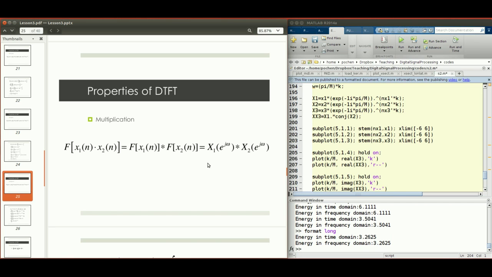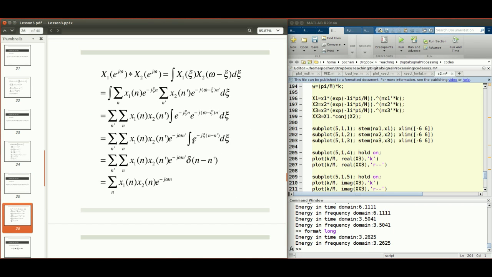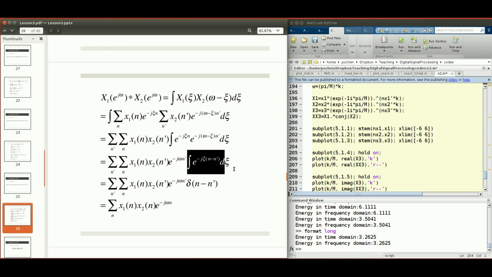So this is a quite rough sketch of how you can make a proof of this particular equation. In practice, one thing you have to sort out is this particular integral. What does it equal to? You can think about it: if you expand this thing using Euler's formula into cosine subtract j sine, sine is an anti-symmetric function, so the integral over it is going to give you exactly 0, but cosine is an even function.